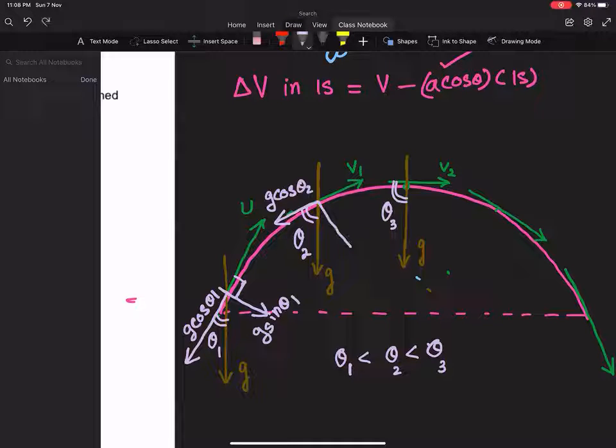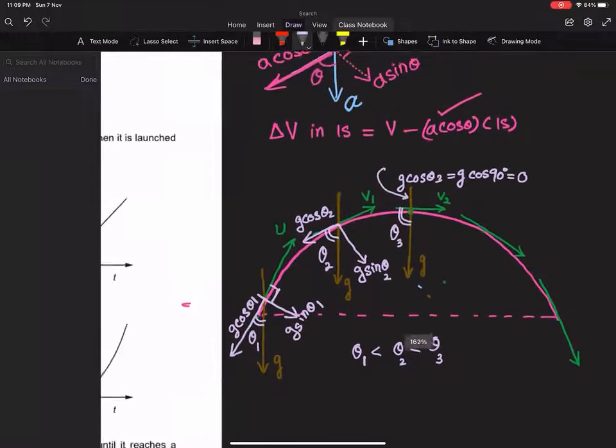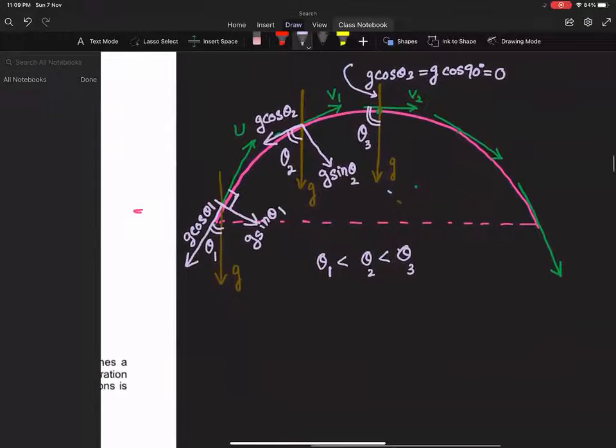I'm making a bigger arrow on purpose to make you understand that the sine component is increasing and the cos component is decreasing. Here, g cos of theta 3 is actually g cos of 90, and the deceleration will become instantaneously zero. At this point, for 1 instant, the gravity will have no effect on the velocity, as the velocity is horizontal.